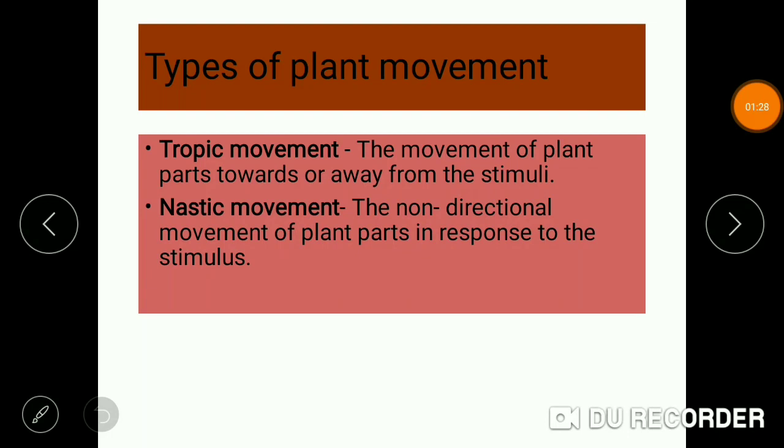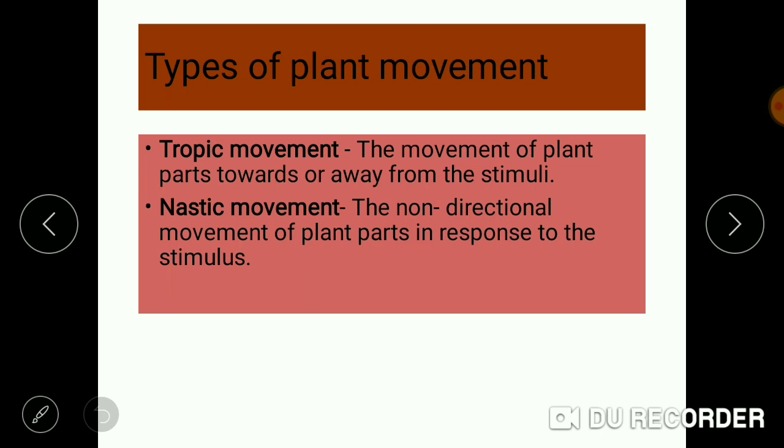Another topic is types of plant movement. There are two types of movement, tropic movement and nastic movement. The movement of plant parts towards or away from the stimulus is known as tropic movement, while nastic movement is non-directional movement in response to the stimulus.